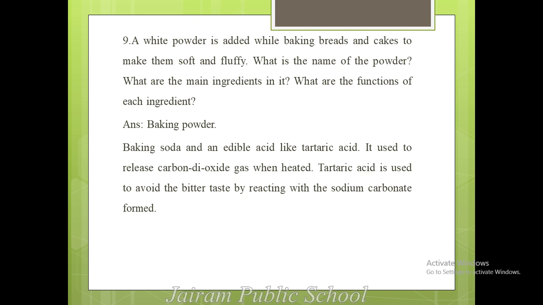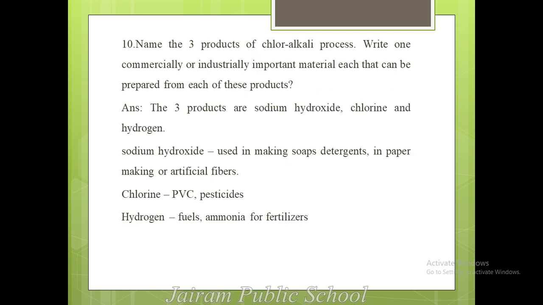So in order to make the bakery food soft and fluffy, we are adding baking powder. That is the answer. So this will come under the applications of common salt. We have various applications of common salt, and baking powder is one of them.